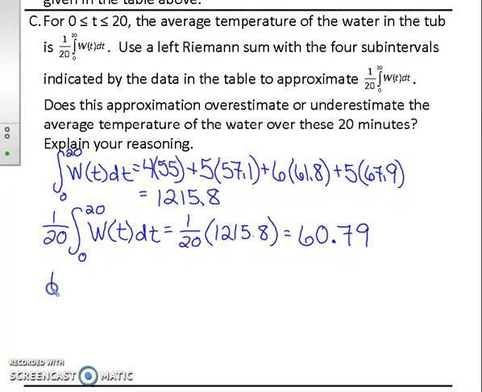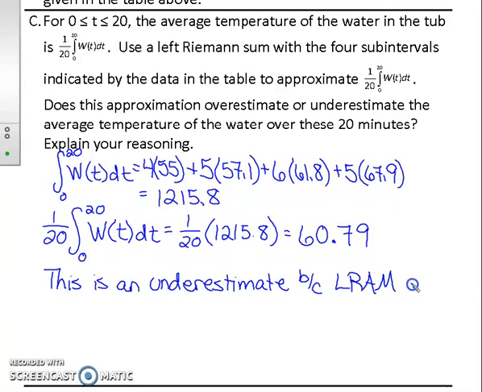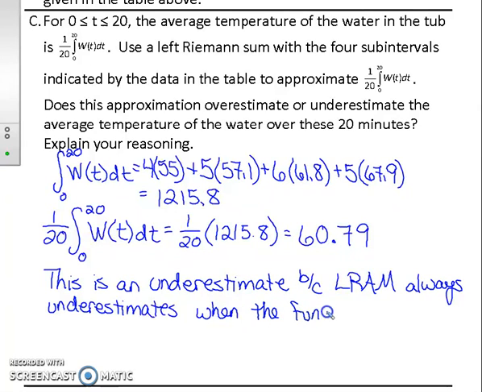You would say, this is an underestimate, because LRAM always underestimates when the function is increasing. So you would need to say underestimate and increasing in there in order to get your credit for your explanation.